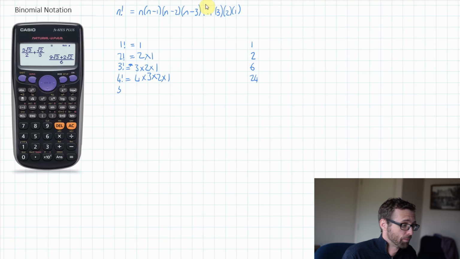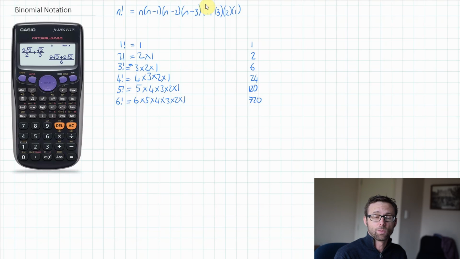5 factorial is equal to 5 times 4 times 3 times 2 times 1, which is equal to 120. 6 factorial is equal to 6 times 5 times 4 times 3 times 2 times 1, which is equal to 720.